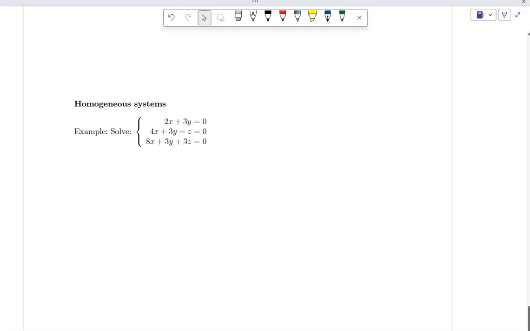All right. Last thing I want to mention before we go on to some new stuff here is, what do we mean by a homogeneous system? What it means to be homogeneous is that all of your constants on the right-hand side are 0.